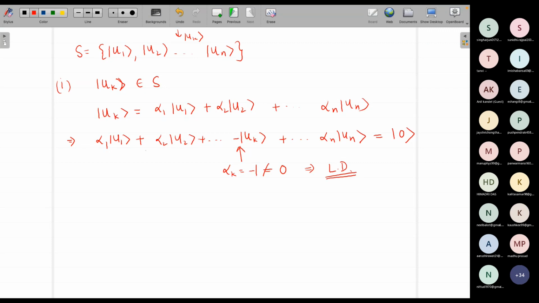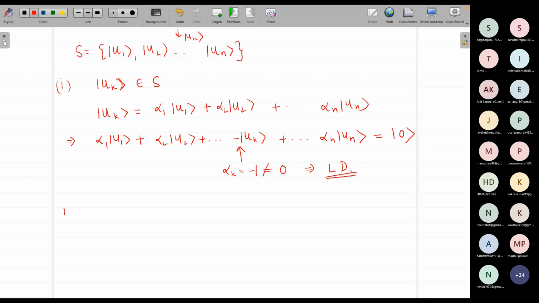So one definition of linear dependence is that you write down the equation form the way we have written it, and then figure out if one of the alphas, or more than one of the alphas, is non-zero. Another possibility is that if one of the vectors of the set can be written as the linear combination of the other vectors, then such a set will also be linearly dependent.